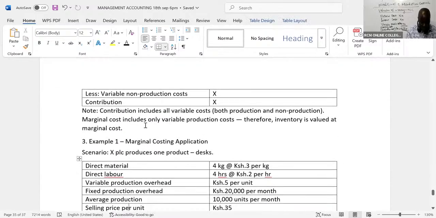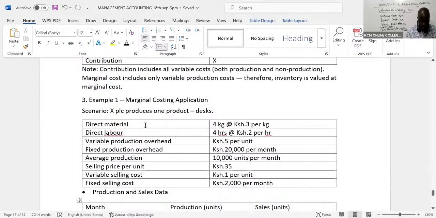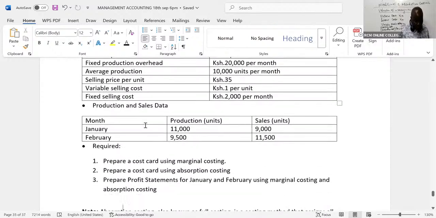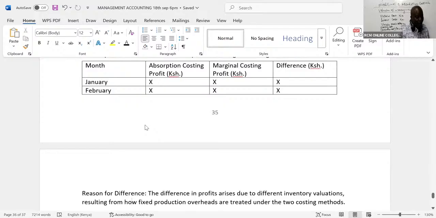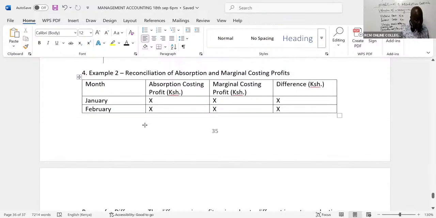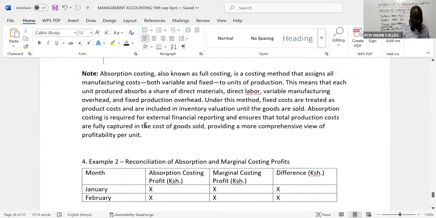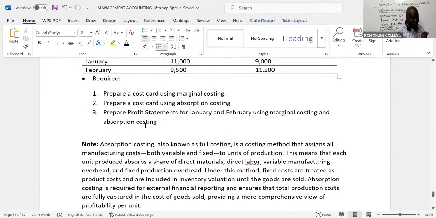If you scroll that handout, you'll see where they have given us example 1, marginal costing application. This is on page number 35, the one written on the book itself.